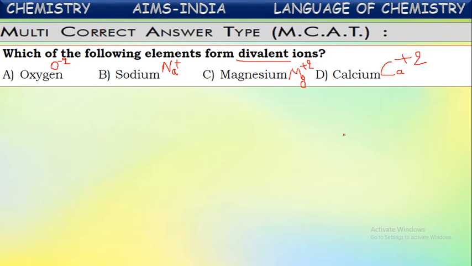So its valency is also 2. The valency of calcium, magnesium, and oxygen, for these three, the valency is 2. So these three elements can form divalent ions, except sodium, whereas sodium is forming a monovalent ion. Okay, these three are correct answers.